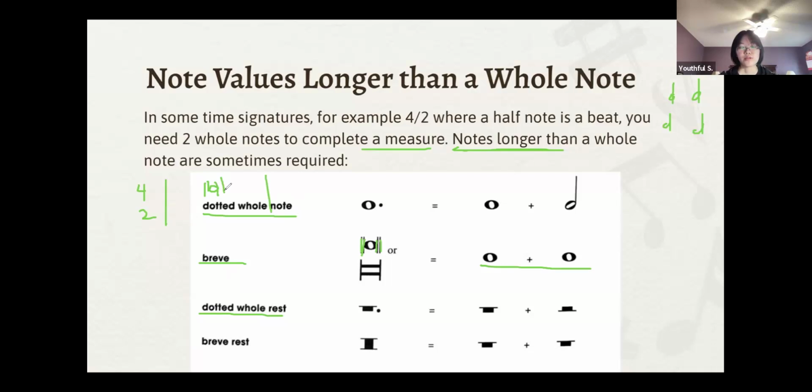You can also write it like that, but I don't really know how it looks on the music, so we'll see. And then the breve rest, if you needed a rest to complete the whole measure, would look like that. Think of it as 2 whole rests sitting on top of each other.